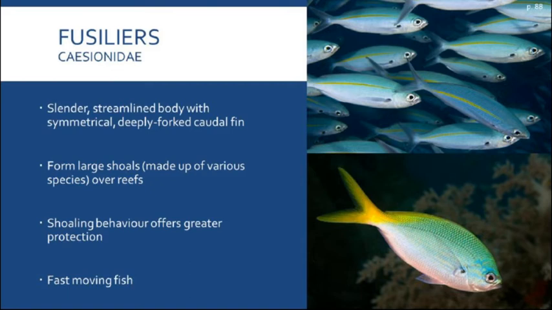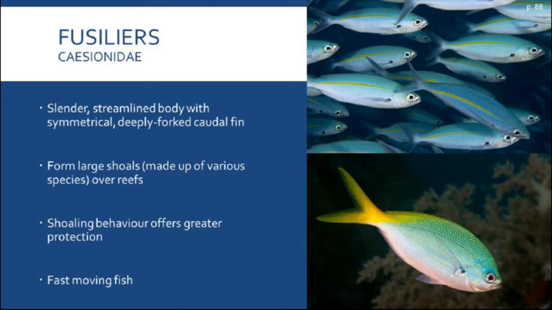If a child was going to draw a fish, this is probably the fish that they would end up drawing, because it's that classic fish shape: an oval-ish body with the pointy face, and then that forked tail at the back.